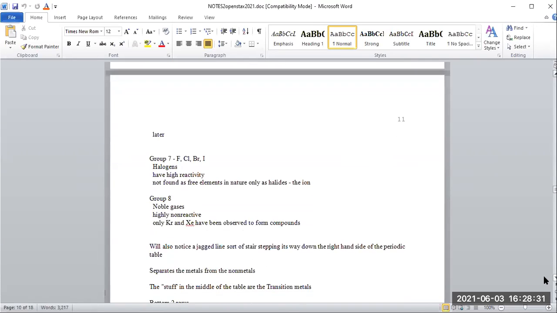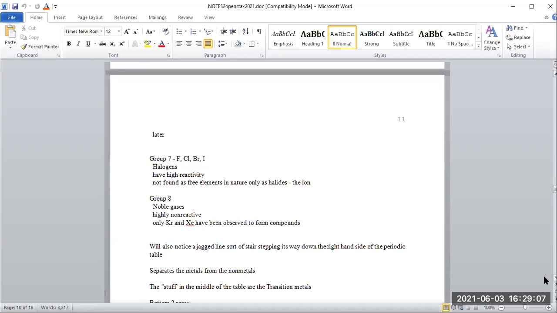Let's hop across the big gap there in the middle of the periodic table over to almost the far right-hand edge. Fluorine, chlorine, bromine, and iodine. And yes, there is one more element at the bottom, which we're going to temporarily ignore, known as astatine, a very rare and radioactive element that doesn't have a lot of uses. Group 7 are known as the halogens.